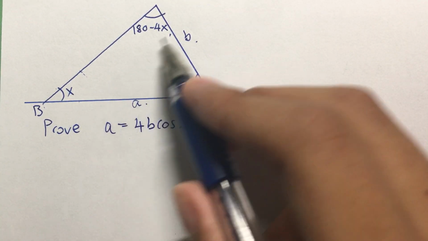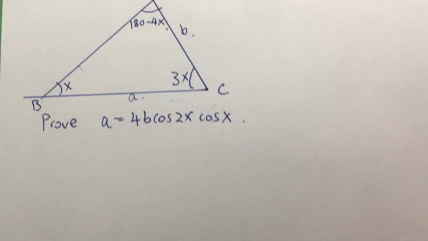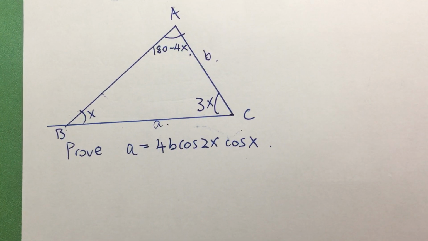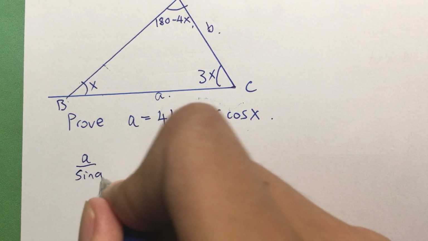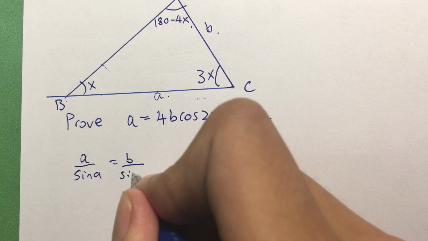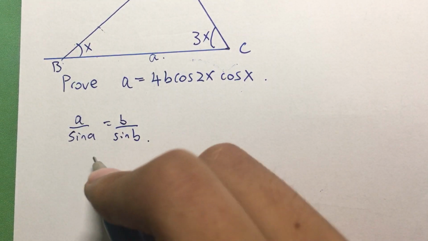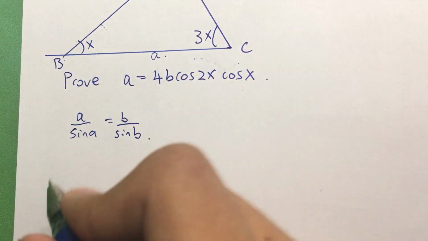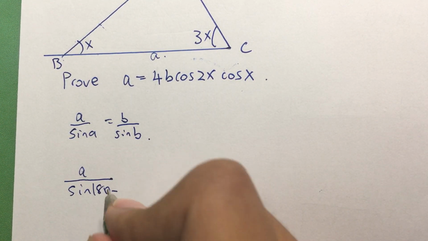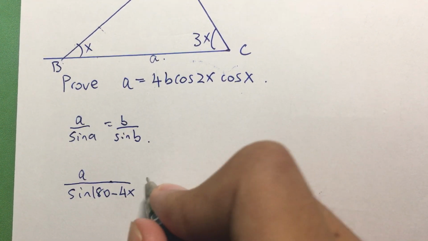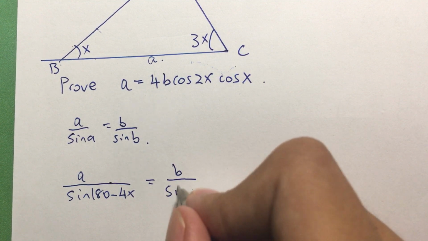So now we know the three angles and two sides. Why don't we use the sine rule that we learned in IGCSE, which is a over sine A equals b over sine B. We get a over sine (180 degrees minus 4x) equals b over sine x.